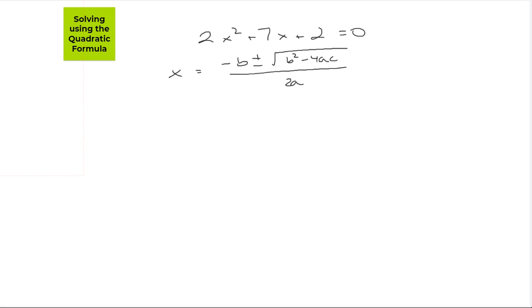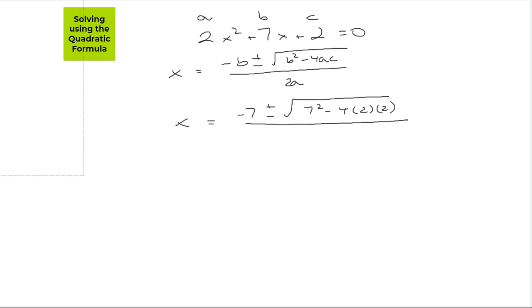So what you do with this formula, recognizing that this is ax squared plus bx plus c, is put your values into the formula. So we have -7 plus or minus the square root of 7 squared minus 4 times 2 times 2, all over 2 times 2. And so x is equal to -7 plus or minus.